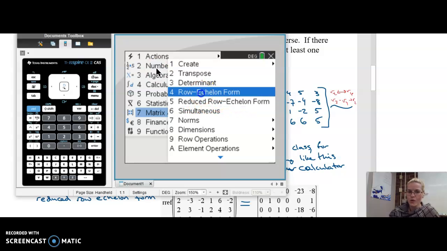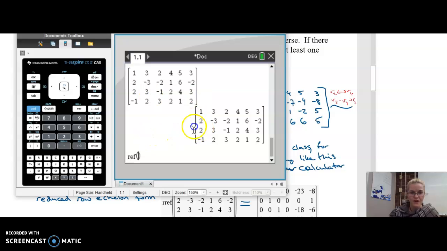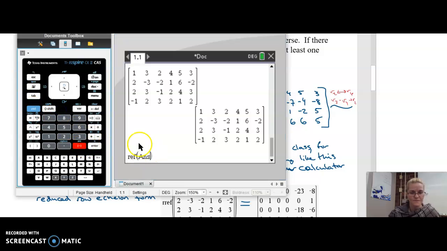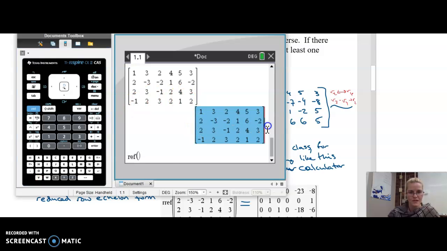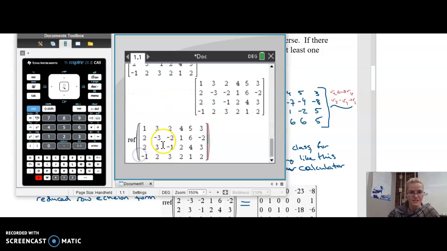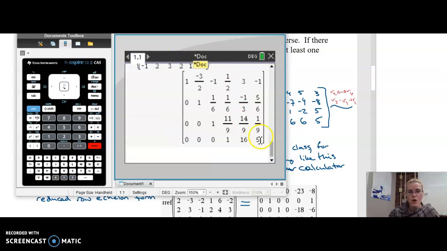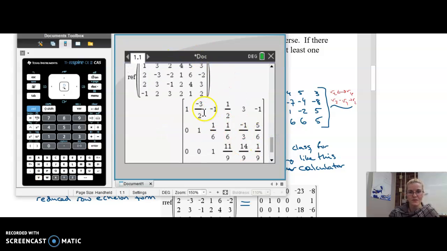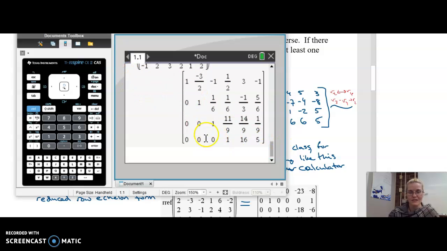Notice if I choose row echelon form, and then I copy paste, or do second answer, I just am going to copy paste because I like being able to see it very nicely. We can see there's some fractions that are going to show up if I did row echelon form, where I've just got my ones down my diagonal and zeros.